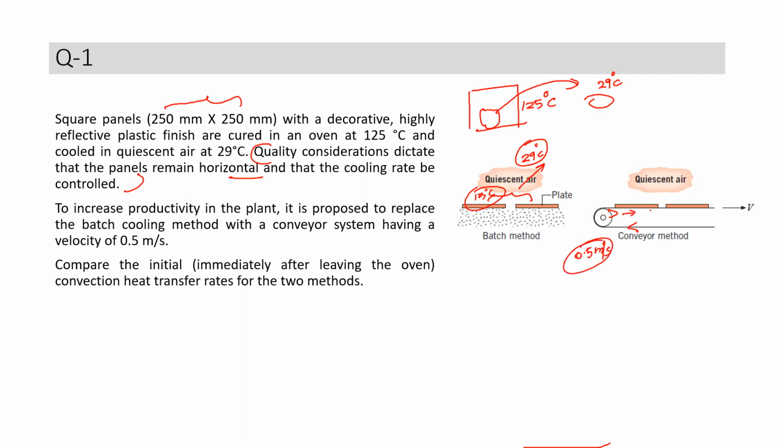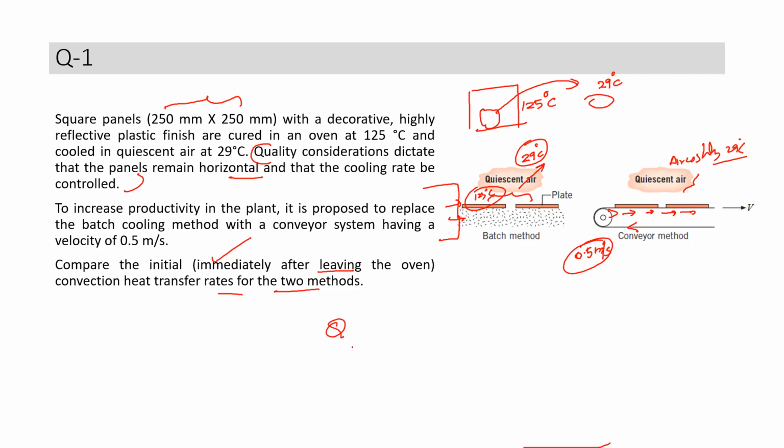So this moves at 0.5 meter per second and the air is quiescent, or stationary, at 29 degrees Celsius. We are asked to compare the initial convection heat transfer, immediately after leaving the oven, for the two methods. So we have to find the heat rate through both methods.